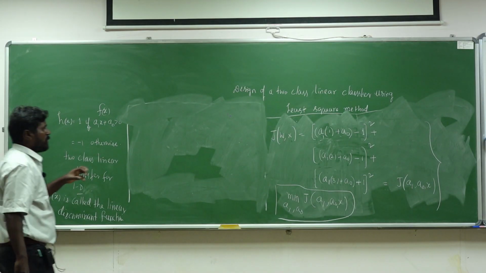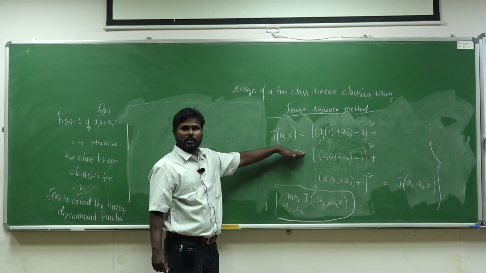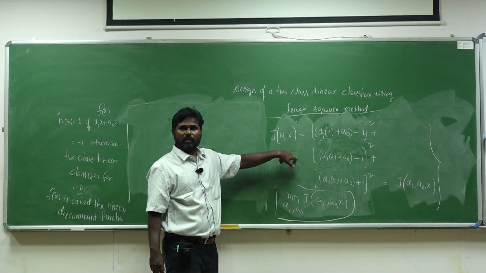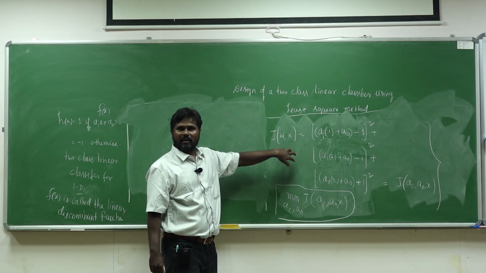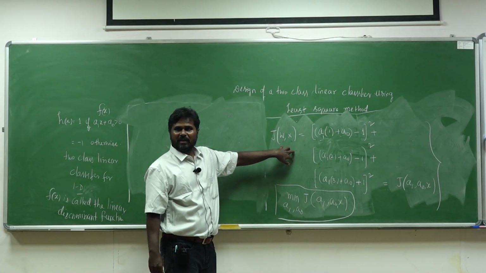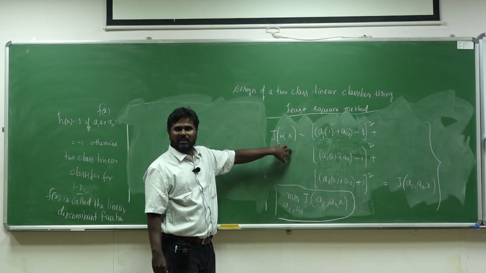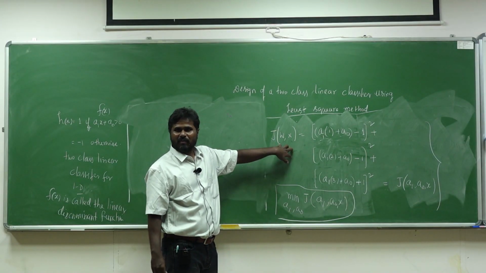When you have a function of two variables, what do we do? We already saw this in the minimization in 11th and 12th, right? What do you do actually?